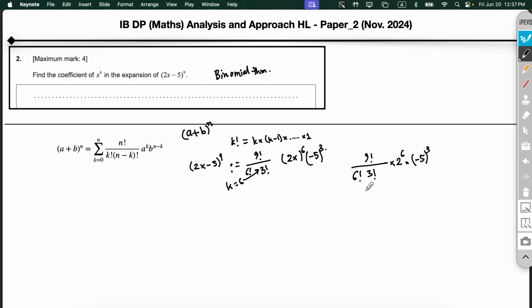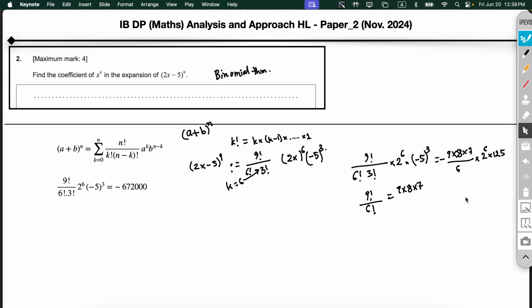The ratio of 9 factorial by 6 factorial is simply 9 times 8 times 7, because the rest of the 6 factorial cancels with the 6 factorial in the denominator. And 2 to the 6 is 32, with a negative sign, and 125 is 5 cubed.